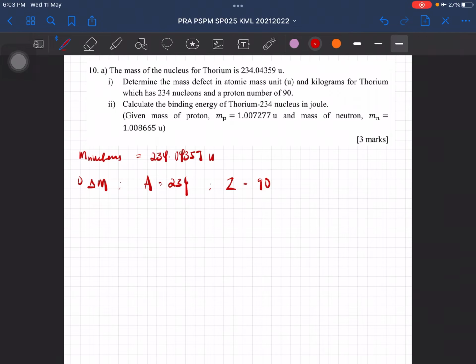Okay. So delta M is equal to ZMP plus NMN minus mass of the nucleus. Okay, and from here, how do we know the value of N? N is A minus Z. So we will then get 144.